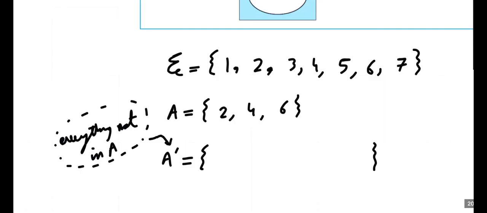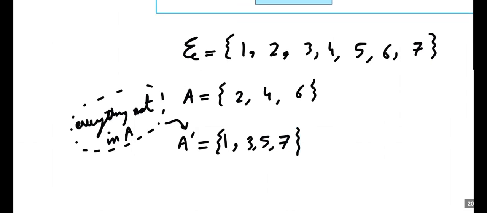Like 1, 3, 5, 7. Exactly. So everything that is in the universal set, but it is not in A, is the complementary of A, or complement of A. Okay? This is going to be very important, by the way. Make sure you understand this. Is there any confusion about this?